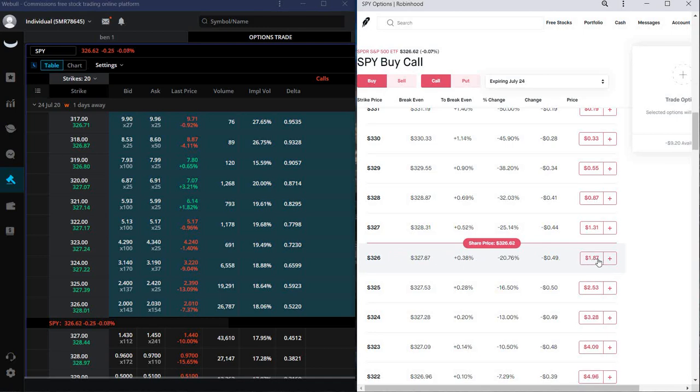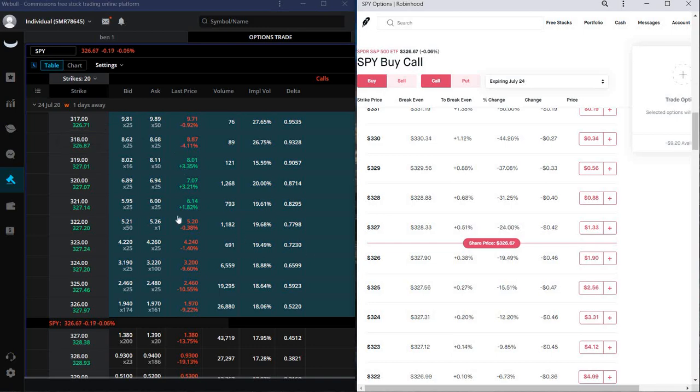It would cost you $1.87 a contract. A contract is equal to 100 shares, so you multiply the $1.85 times 100. So this price would be $183 for one contract, hoping that the price does not go below $326.